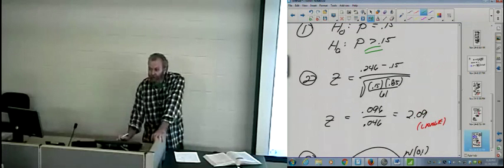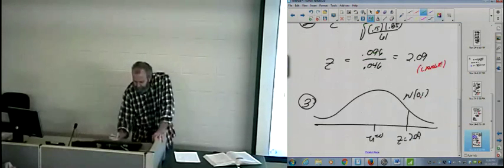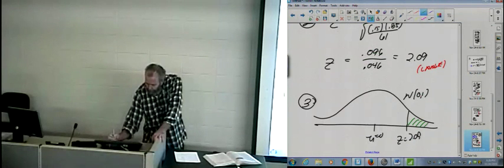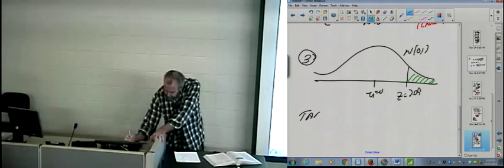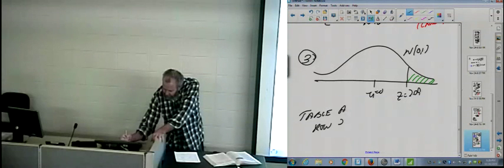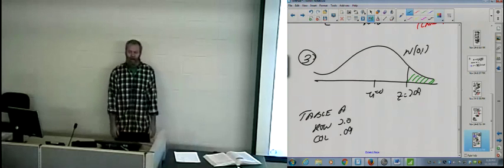That's telling you to look to the right, greater than, right? So I want this area. You go to Table A. I'm going to go to the row that's 2.0. The column is like you've done at least 10 or 20 times before now.